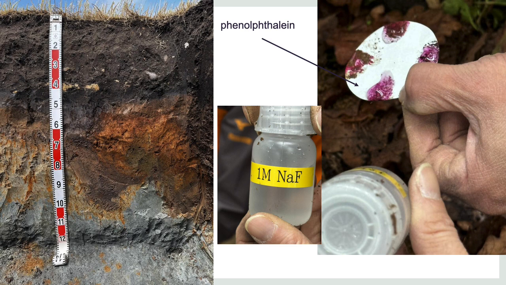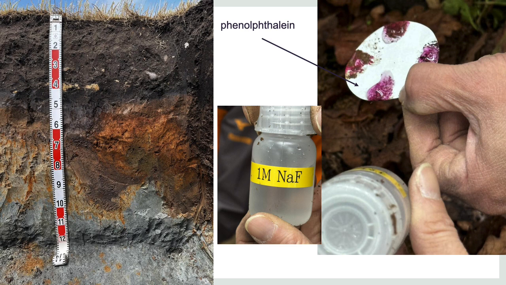So they keep them in a phenolphthalein solution for some hours, and after that they just dry it. And when they go to the field, they take some pieces of soil and they smash this soil against this filter paper, and then they drop some sodium fluoride over this material. When they drop, and you can find the allophane and imogolite, the soil gets this pinkish color, this pink color.